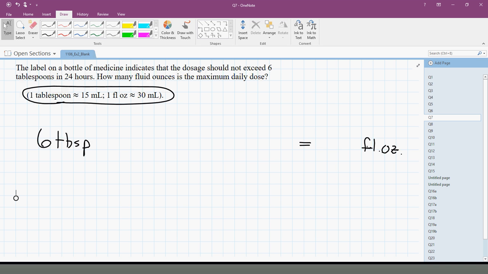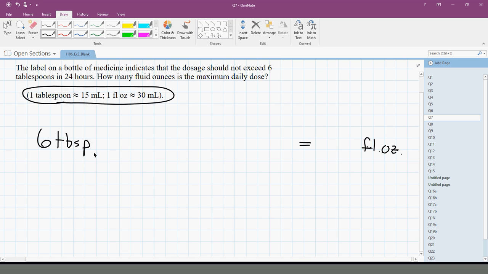We don't have a direct flight from tablespoons to fluid ounces. We have to go through a layover. A layover would be like milliliters for us. We can convert tablespoons to milliliters. And then from milliliters, we can fly the rest of the way to fluid ounces. Does that make sense a little bit now?